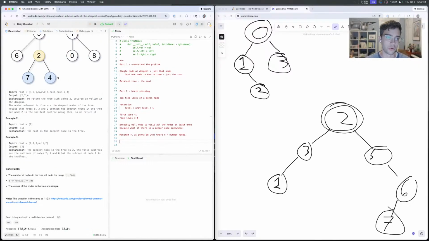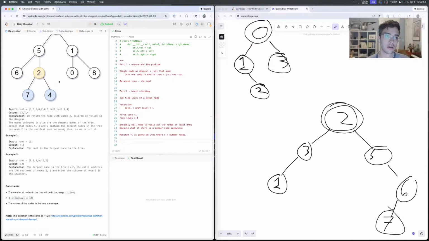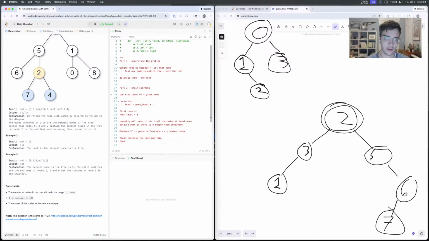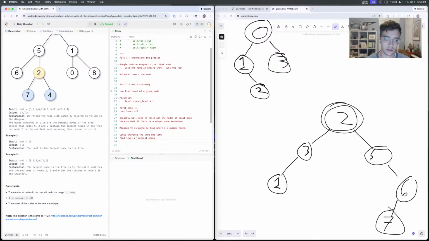Then what do we do? Once we have, I mean, we could traverse the tree one time and find the level of the deepest nodes. There can be ties.